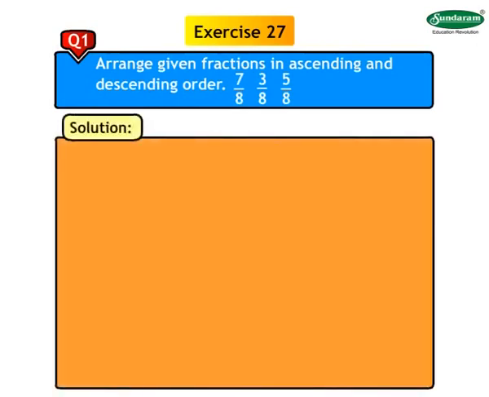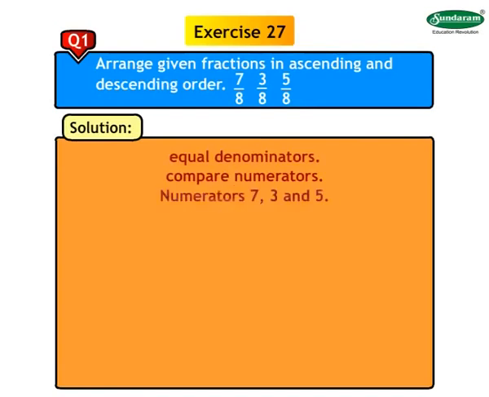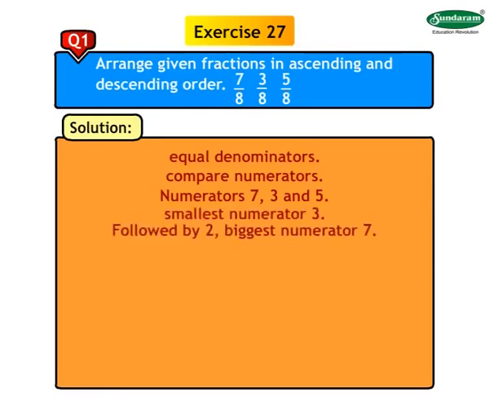Solution. The denominators of the fractions are equal. Thus, compare their numerators. Numerators of the fractions are 7, 3 and 5. 3 is the smallest, followed by 5, and 7 is the biggest numerator. Hence, ascending order of numerators is 3, 5, 7.